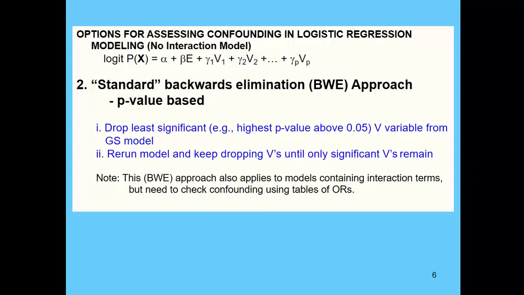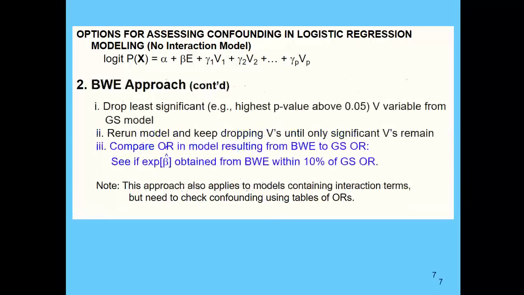And it turns out that if you use this method for the MRSA data, you actually get a different answer than the one I described with the all possible subsets. So what I'm saying here is that there's a third step. Compare the odds ratio in the model resulting from the backward elimination to the gold standard odds ratio and see if the e to the beta obtained from backward elimination is within 10% of the odds ratio.